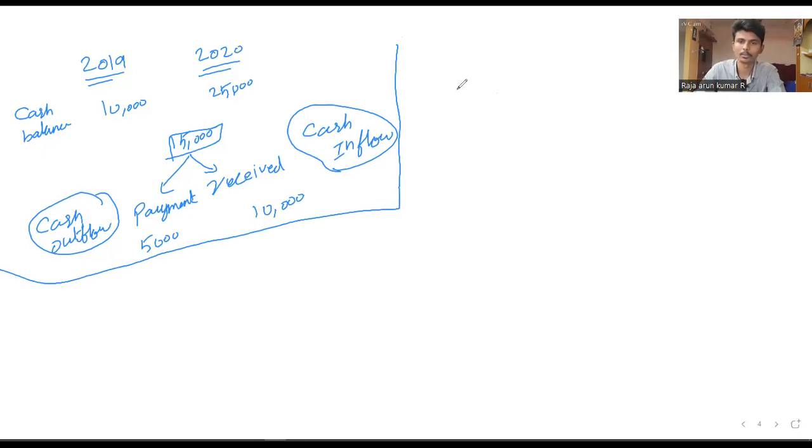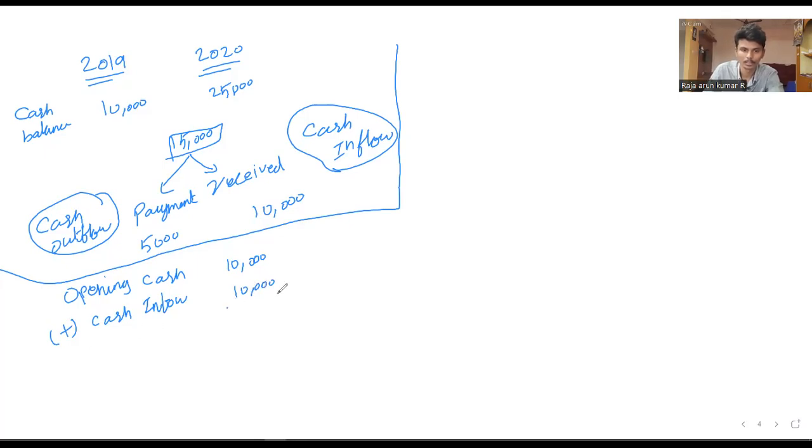Now you see the simple sum. Opening cash 10,000 plus cash inflow is equal to 10,000. That we put in the same sum.